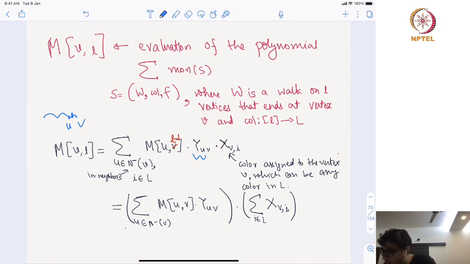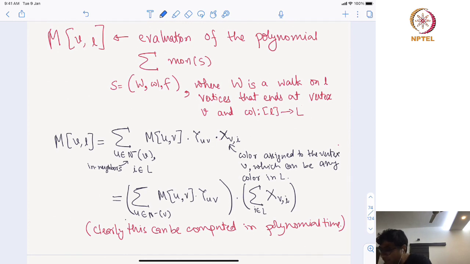And this last vertex could get any of the colors assigned, so you also have to put in the summation over I in L of X V I. But what you have computed previously, you already have computed. So, I can write this as nothing but this times the summation of X V I, I in L.